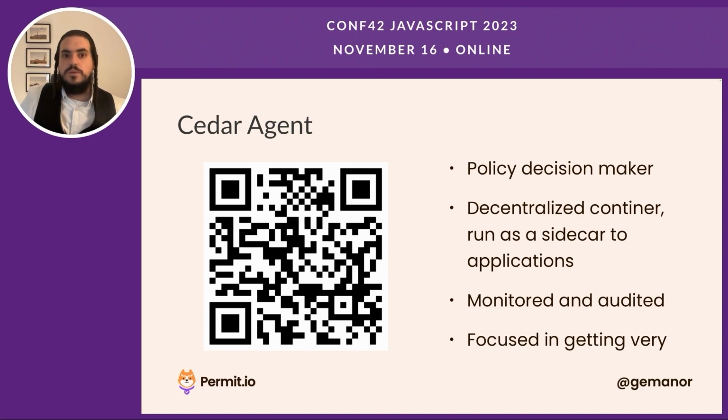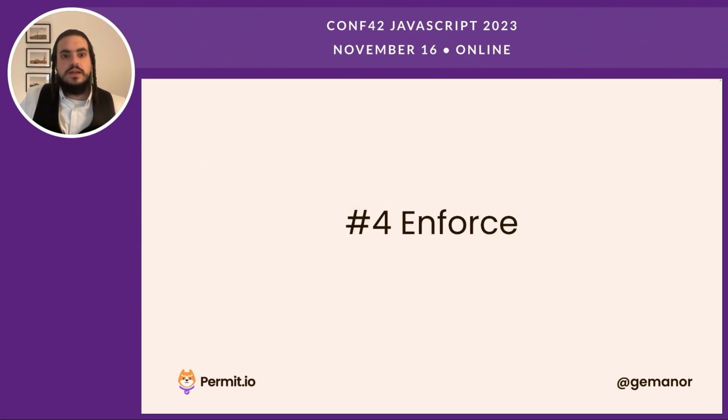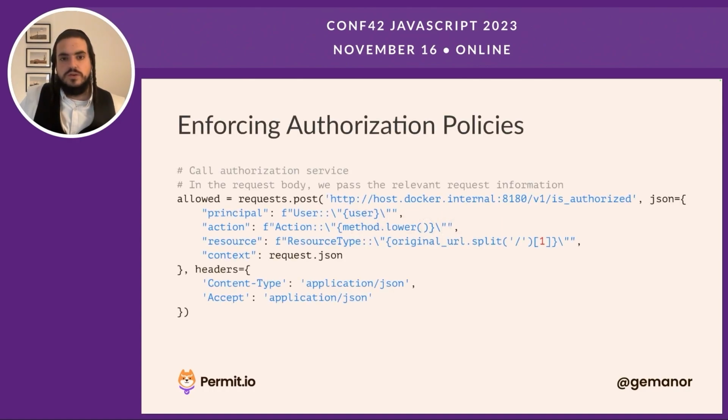So once we have an agent, we start to form a complete authorization service. We have a policy repository where we author all the policies. Then we have the agent where we can send the queries. And then what we are left with is to enforce. We can enforce it by calling the policy agent.